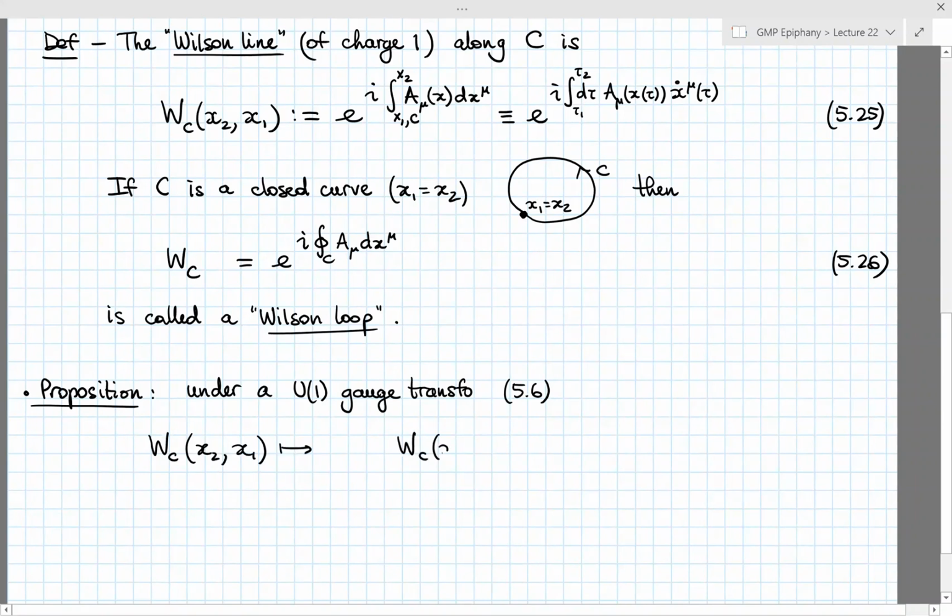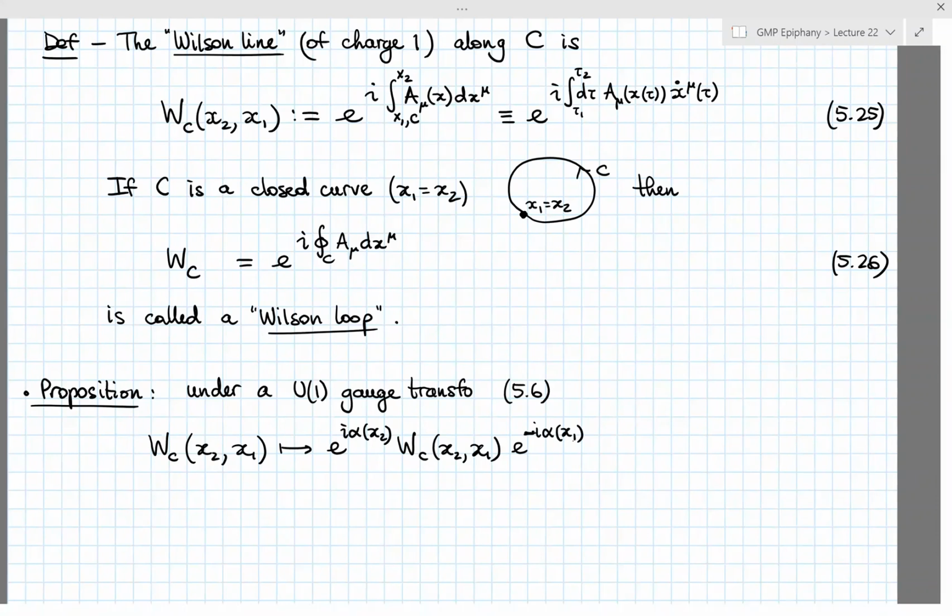So we get the Wilson line, and then it's multiplied by a phase, and I write the phase as e^(i alpha(x2)) times e^(-i alpha(x1)). So here, for U(1) gauge theory, everything commutes, so I could have put the two exponentials together, but as we'll see, this is suggestive of what happens later on when we study non-abelian gauge theory, so let me write it this way.